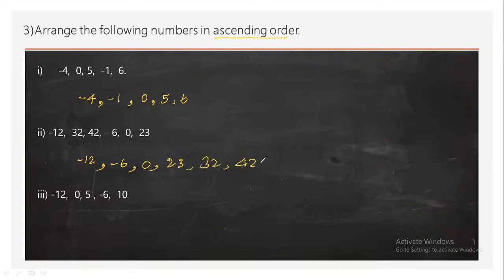Then here minus 12, minus 6, 0, 5, 10. Arrange the following numbers in ascending order. Ascending means smallest number to the largest one.